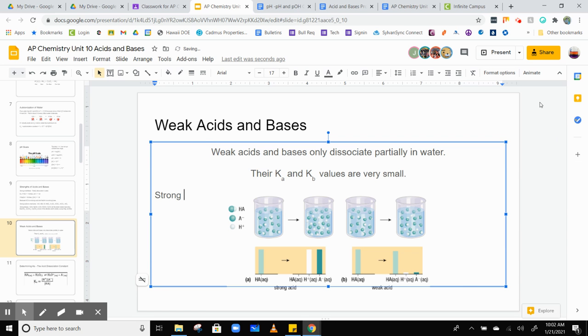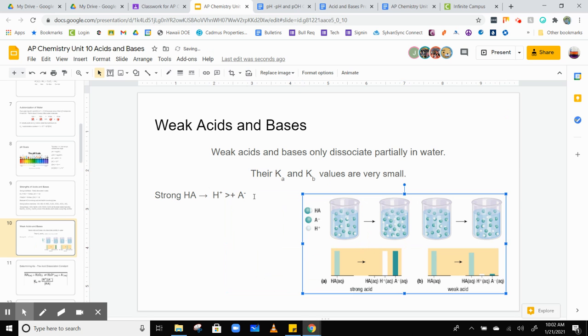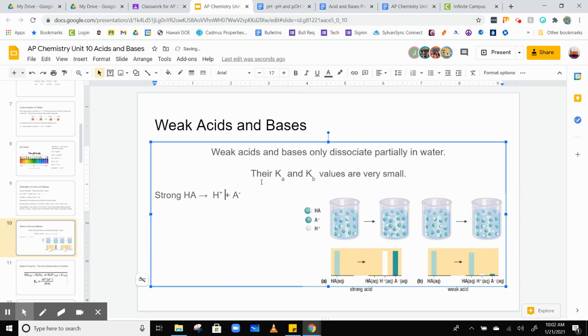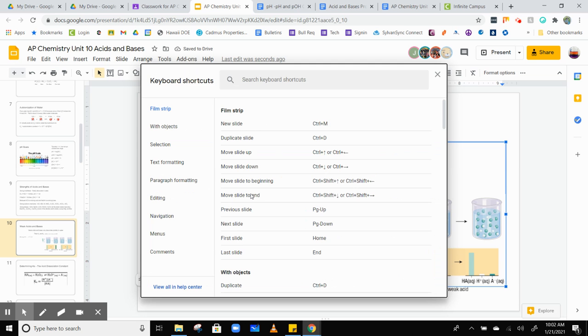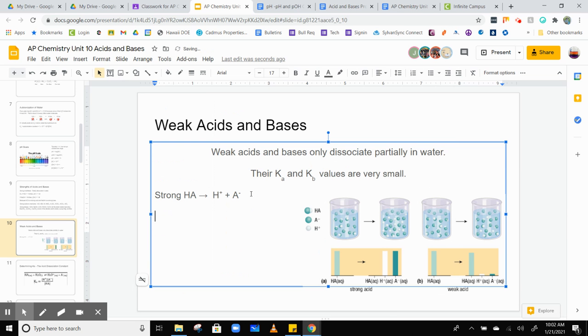Strong HA goes completely to H plus plus A minus, whereas weak is in equilibrium with H plus plus A minus.